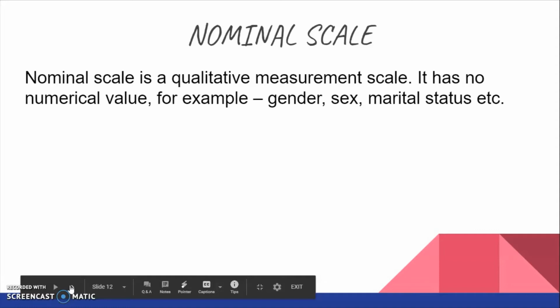Instead of using the word male, we use 1. Instead of using the word female, we use the number 2. There is no connection with statistical analysis. It can't be used for statistical analysis. They are just symbols. So that is what is special about the nominal scale. They are qualitative measurement scales, nothing to do with any quantity. It has no numerical value.